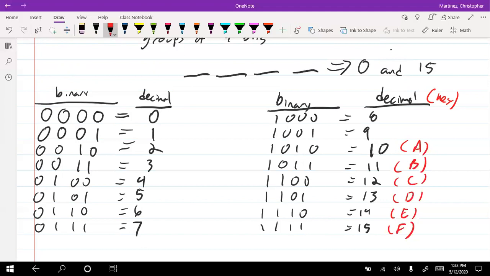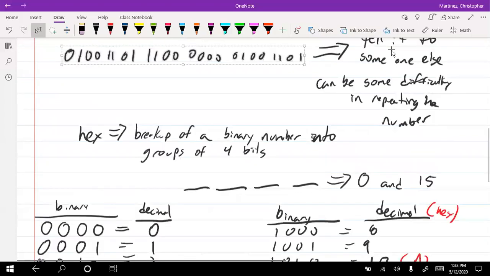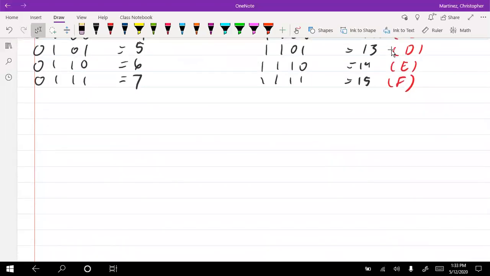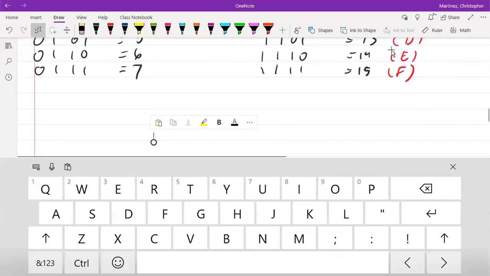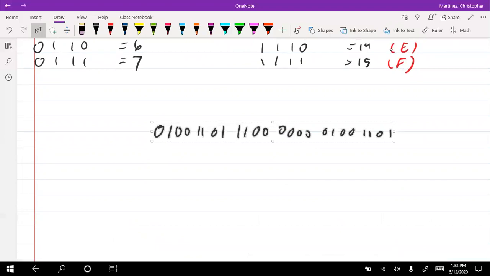All right, so let's take this long number and see what it can be in hexadecimal. So we're going to take that number and let's paste it. All right, we're going to break things into 4-bit chunks.